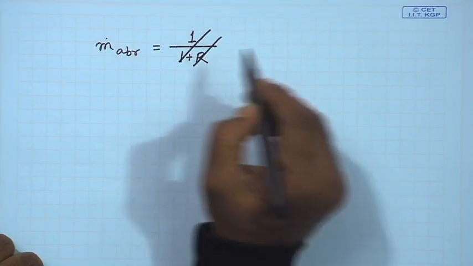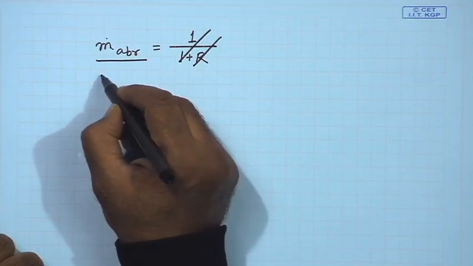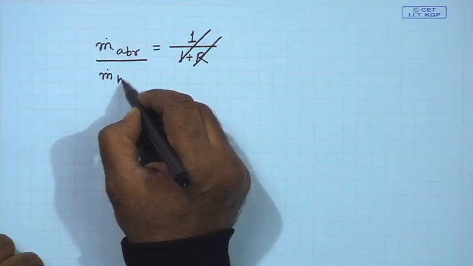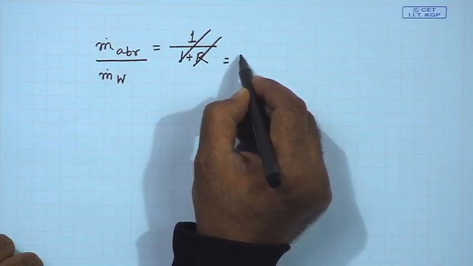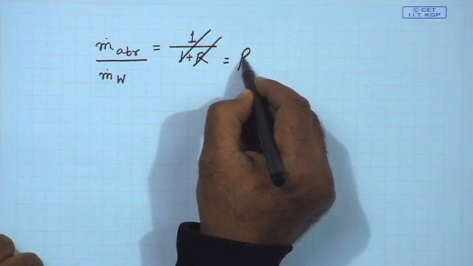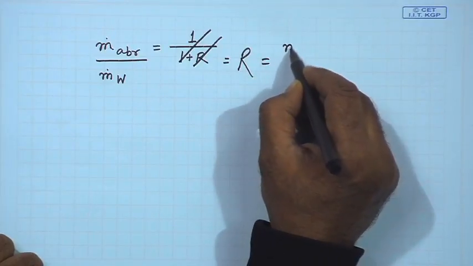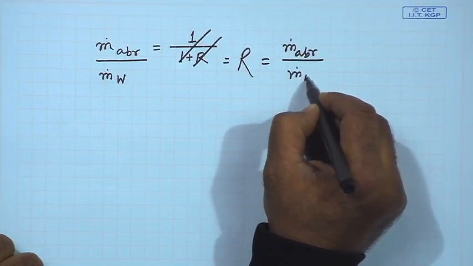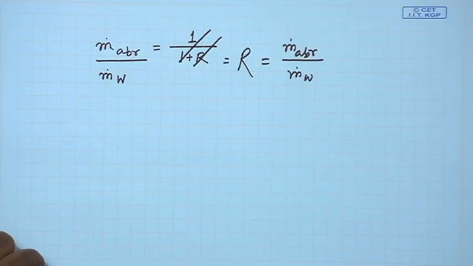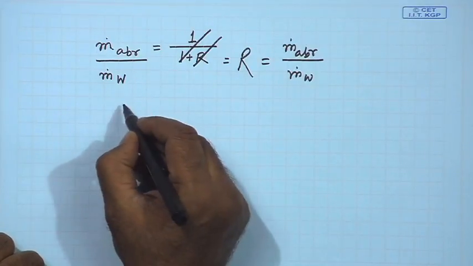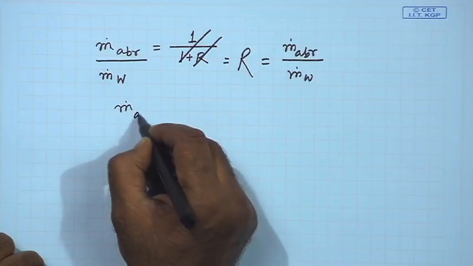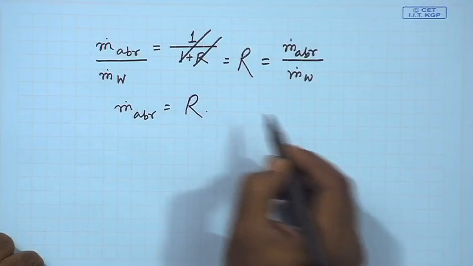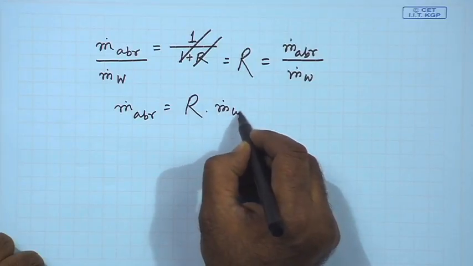This was equal to, we can write this way, mass flow rate of abrasive by mass flow rate of water was equal to R. Let me write it on this side, m dot ABR divided by m dot W equals R. So, we can replace m dot abrasive as R into m dot water.